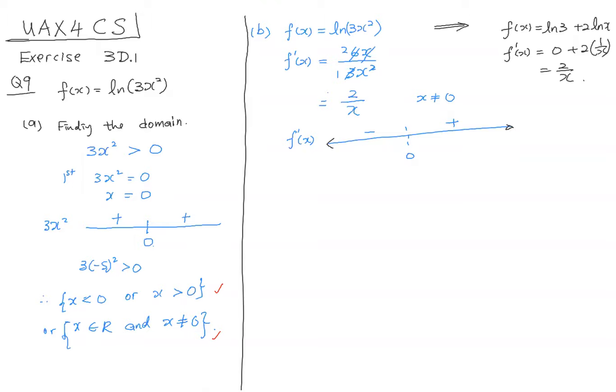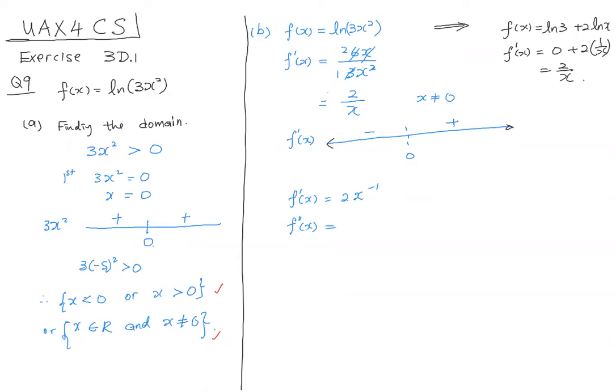Now if I want to get my f double prime x, I have to write my f prime x as 2 times x to the power negative 1. So my f double prime x will be... how to?